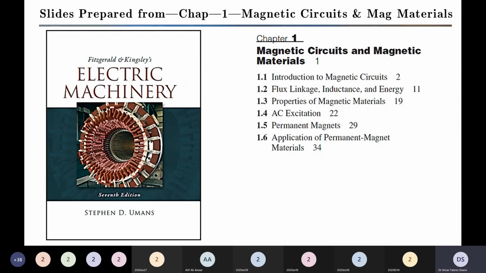I would like to cover articles 1.1, 1.2, 1.3, 1.4, 1.5, and 1.6. So these are the six articles that I want to cover, inshallah, from this chapter.